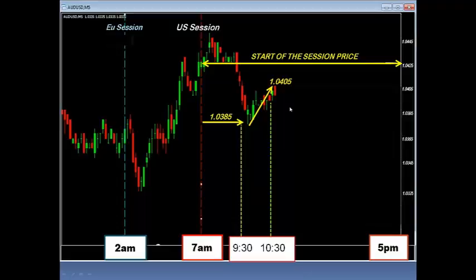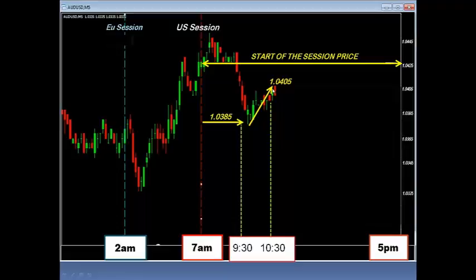When we're looking for a retracement and to confirm the direction of the market, we need something significant, such as we see here. This retracement from the price of 103.85, the price retraced to 104.05 of 20 pips.